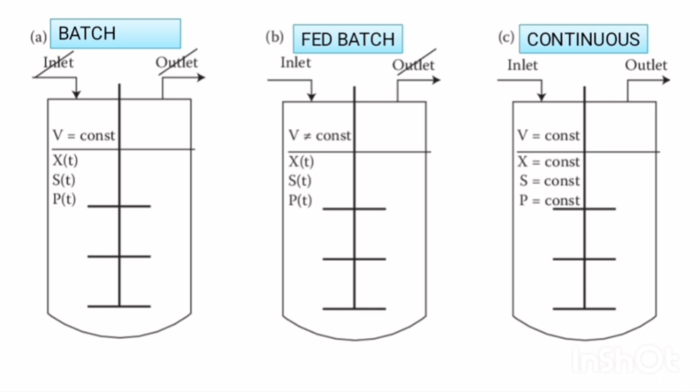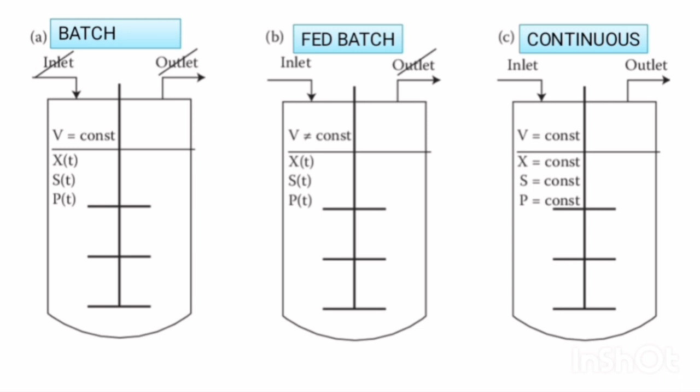So the addition of substrate is required at several times, and the addition increases the volume of the media. Here the volume is not constant. In the case of batch fermenter, the volume of the media is the same, that is constant.